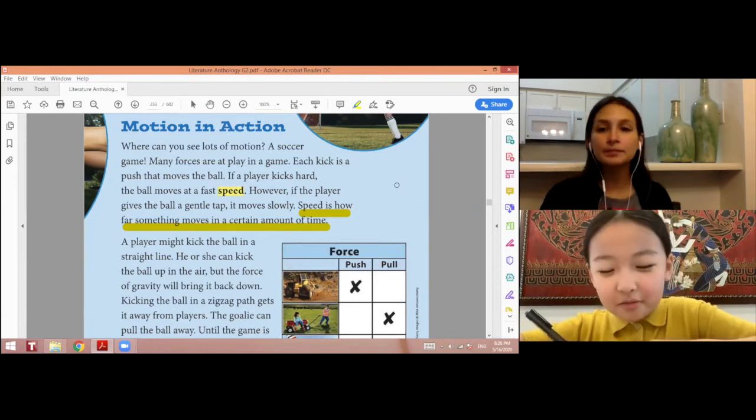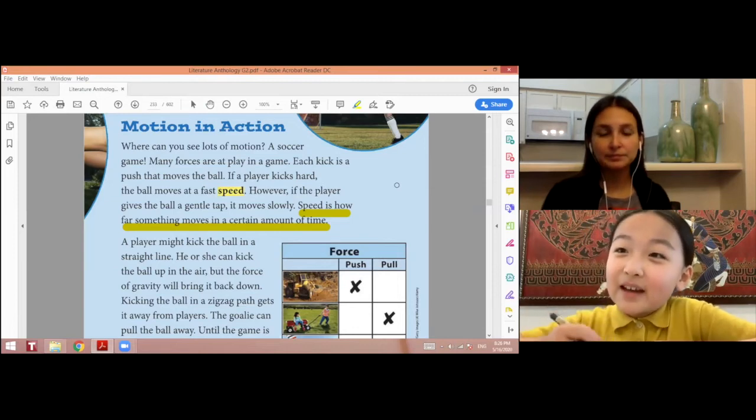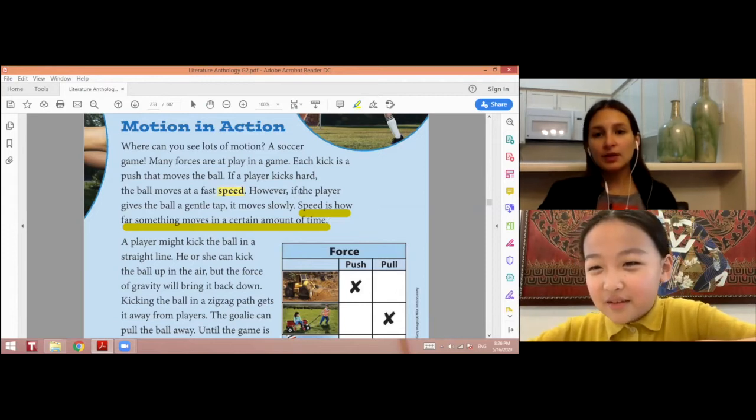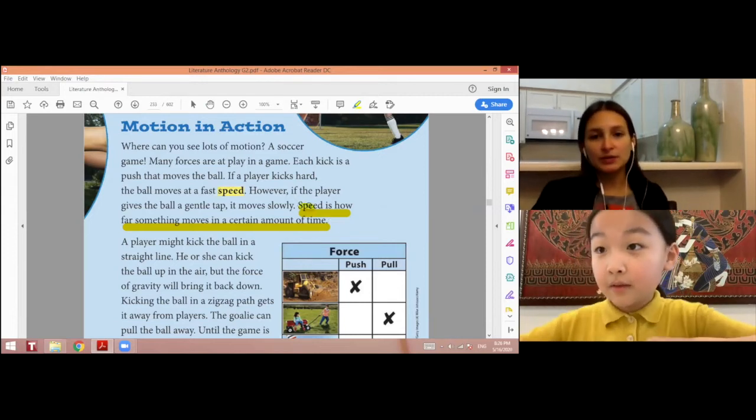Do I need to write speed? Speed is how far something moves in a certain amount of time. No, you can just write it once. Just write it this one.